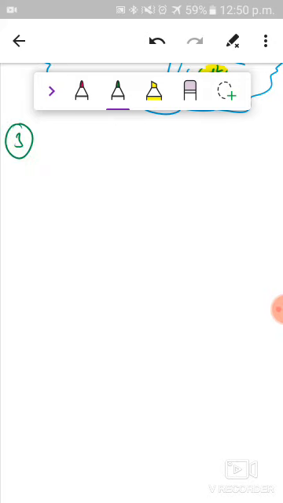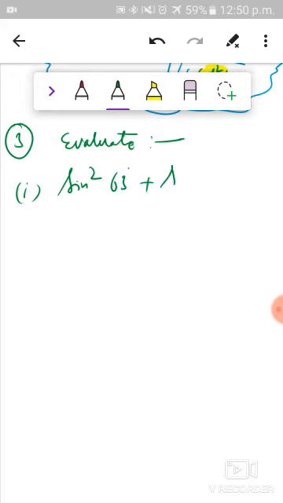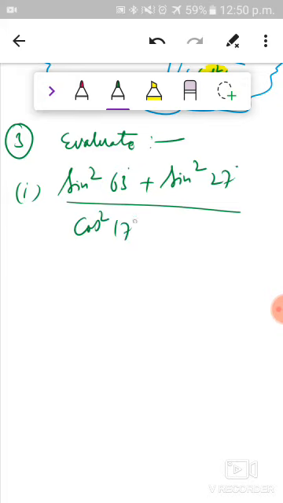Question number 3: evaluate. It is part 1: sin square 63 degree plus sin square 27 degree, divided by cos square 17 degree plus cos square 73 degree.